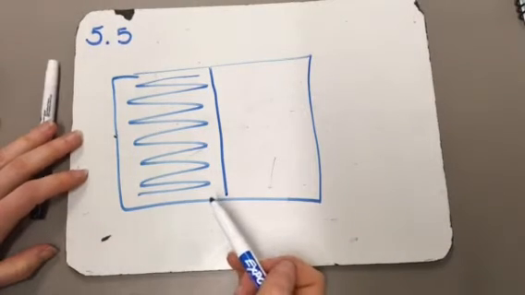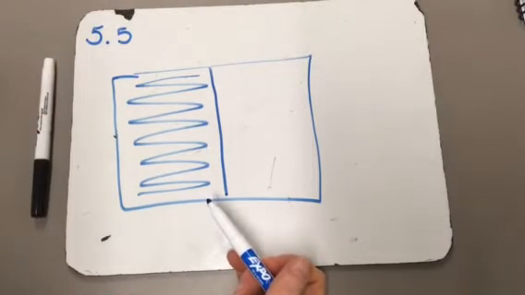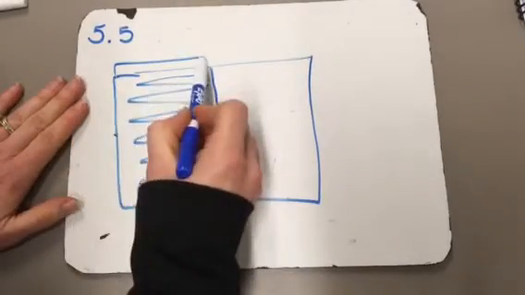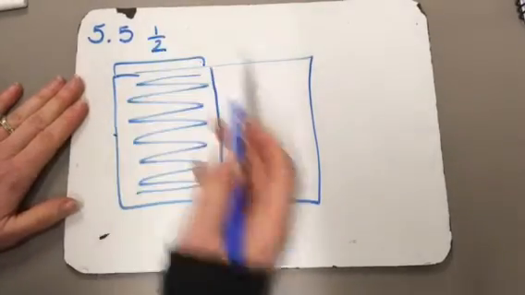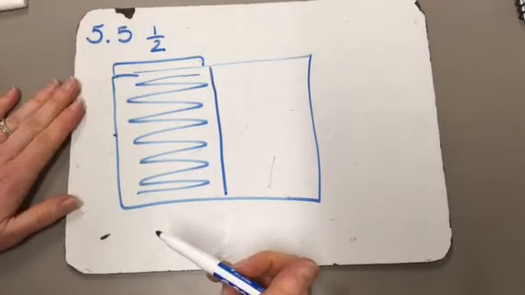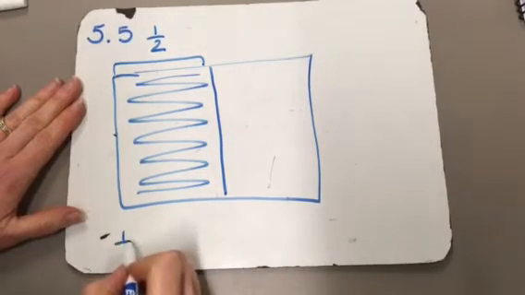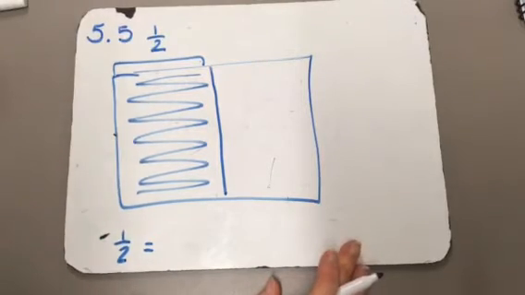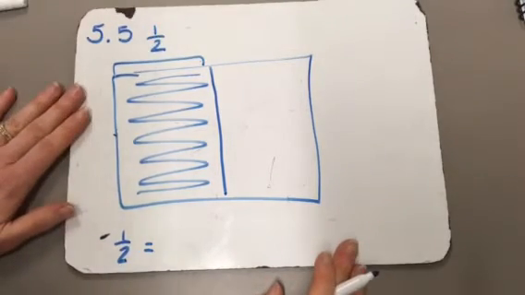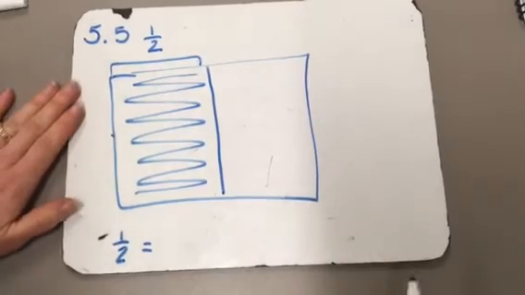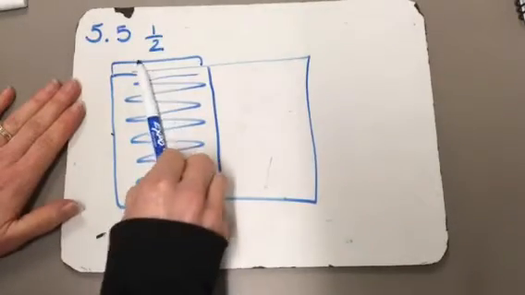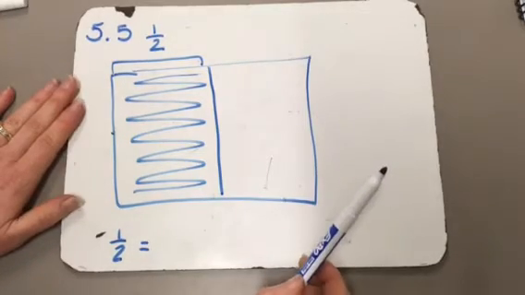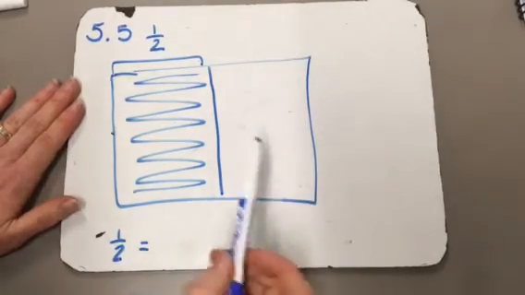What we're going to do with this particular rectangle is look at our half and turn it into a sum of unit fractions. So 1/2 equals, this is what we did yesterday. You are going to figure out how to divide this so that we can create new unit fractions.